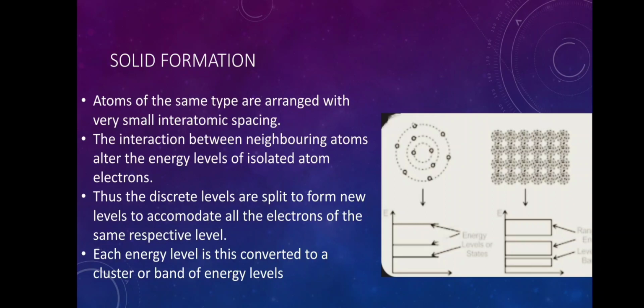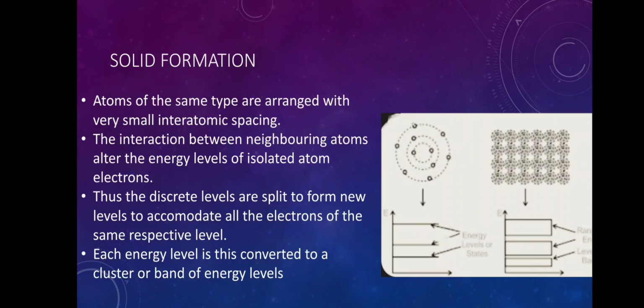That is, the electrons which are revolving in the outermost orbit will have very strong influence from the neighboring atoms. They will be attracted towards the neighboring atoms' nuclei, and also they will be repelled by the electrons of the neighboring atoms. In addition to the attraction from their own nuclei, there will be attraction from the neighboring nuclei as well, and there will be repulsion from the electrons of the other atoms.